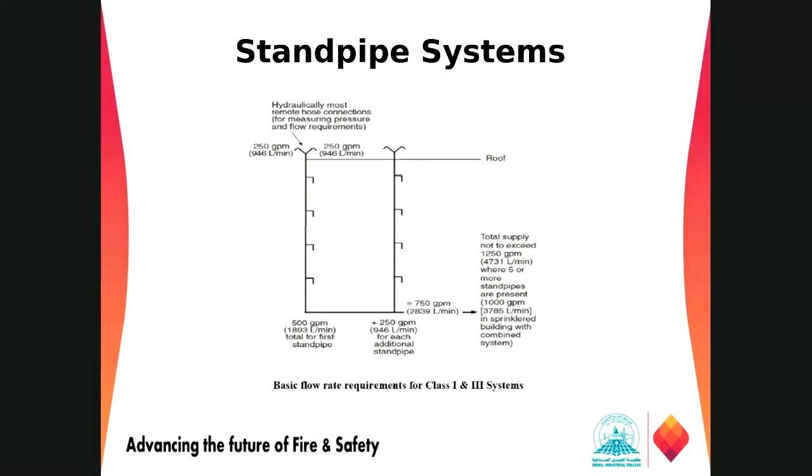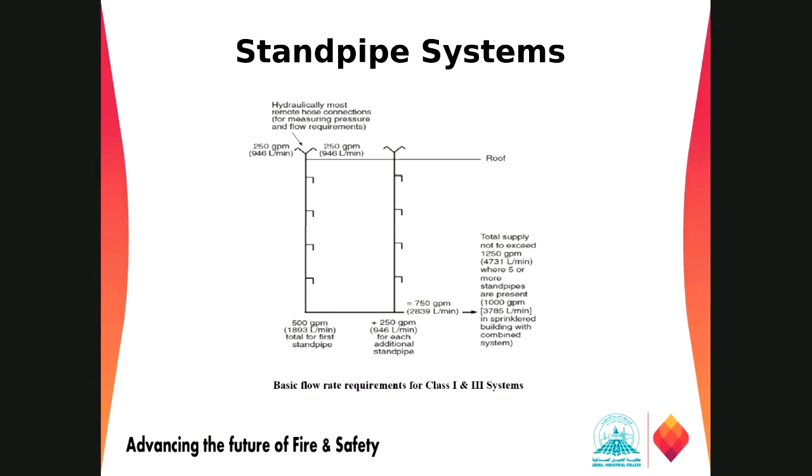So the basic flow requirement we discussed in the beginning is the same here. At the most remote location, we need a hydraulically most remote hose connection for 2. So we need two 2.5-inch connections at the most remote locations, and we have to calculate that.